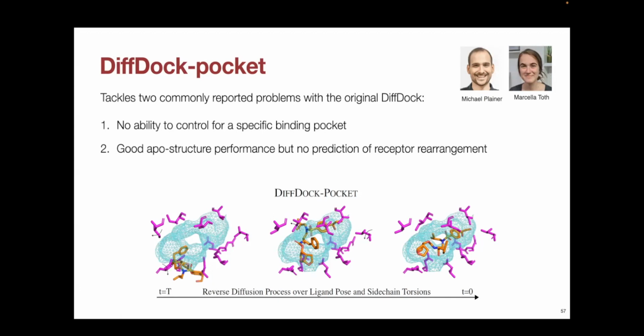One was not being able to control for a specific binding pocket. And the second is, although I've shown you some good apo structure performance, there was not really any way of predicting the rearrangement of the side chains upon binding, and so potentially making the relaxation step that Bowen was talking about harder.